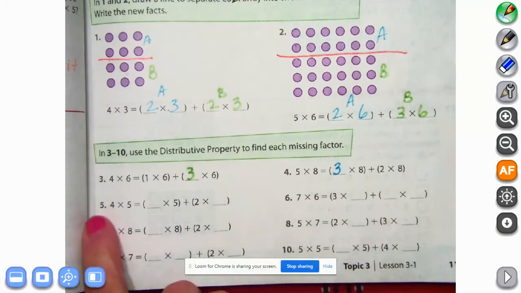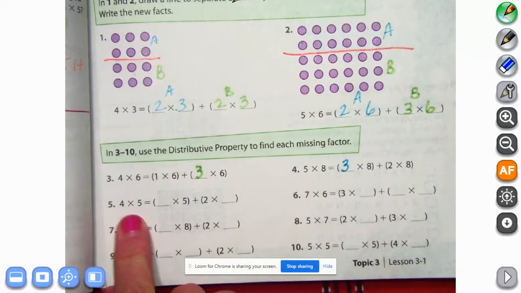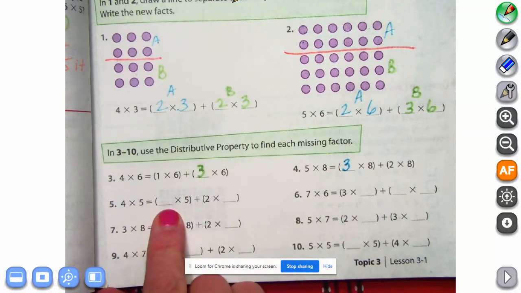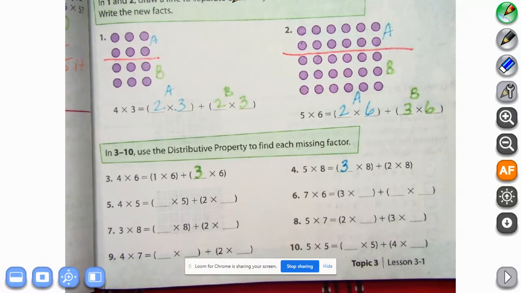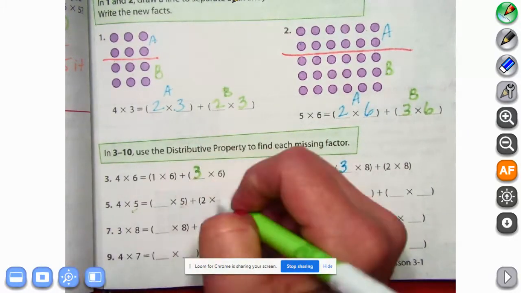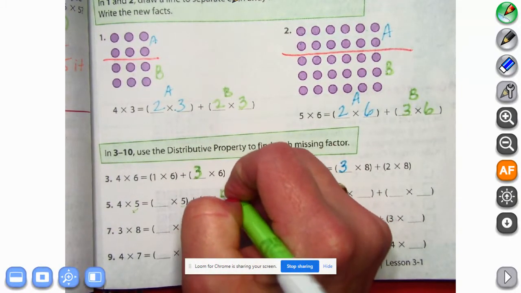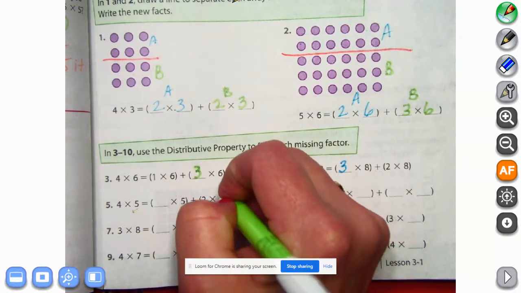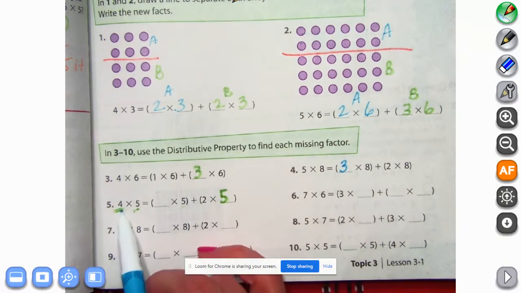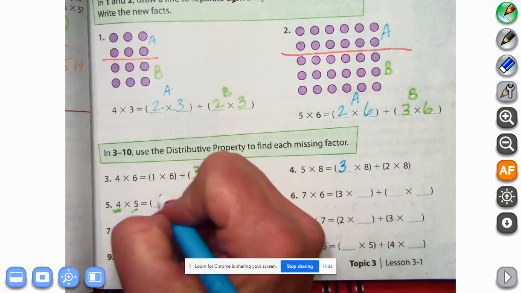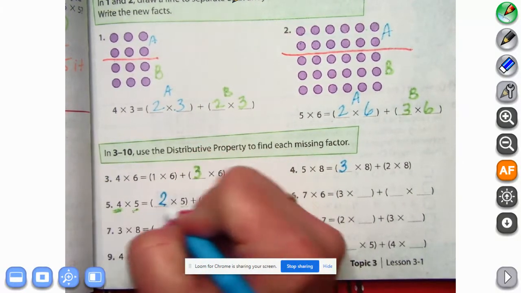Okay. Number 4, 4 times 5 is equal to blank times 5 plus 2 times blank. Well, we know that this is always going to be the same, 5, because we're breaking up the first part. Later we'll start breaking up the second part, but this time we're just breaking up the first part. So 2 plus what will make 4? 2. 2 plus 2 makes 4.